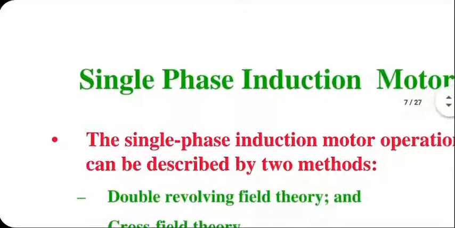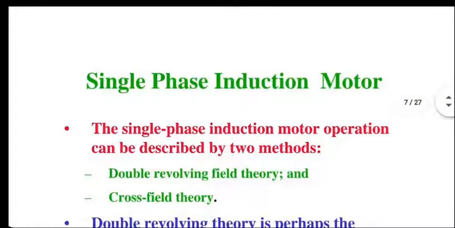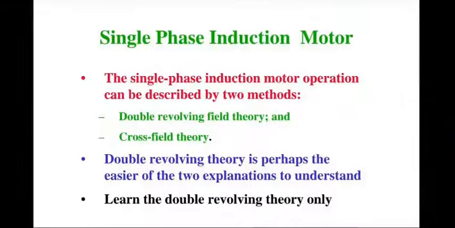Operating principle I've already told you about. Double revolving field theory is the one. Forget cross field theory completely. It's very complicated. Double revolving field theory is that the non-rotating flux can be thought of as the sum total of two oppositely rotating fluxes. There's no time to do mathematics here.